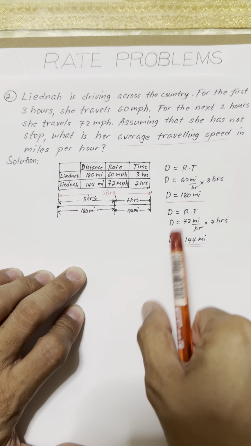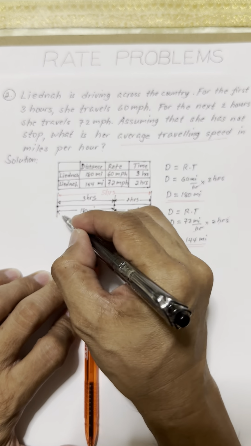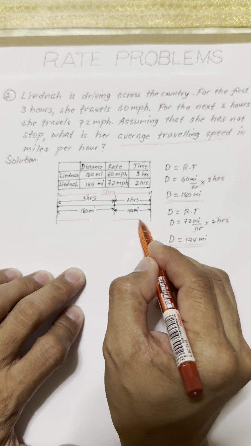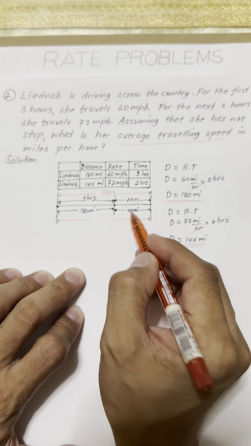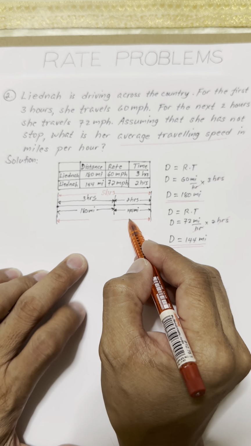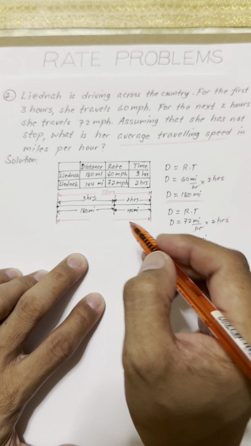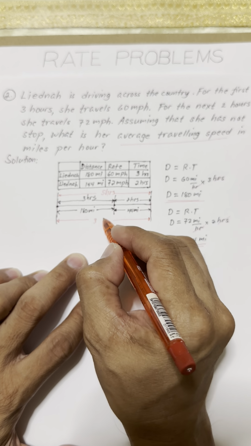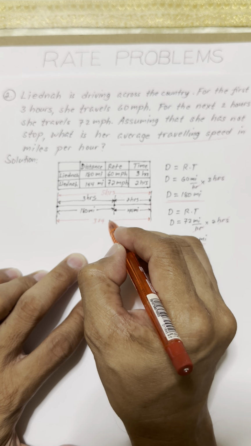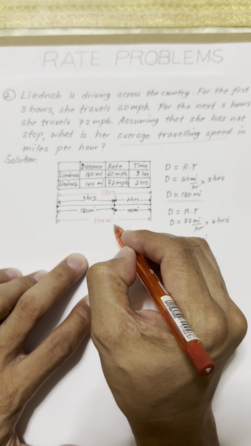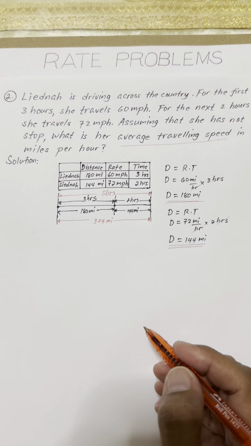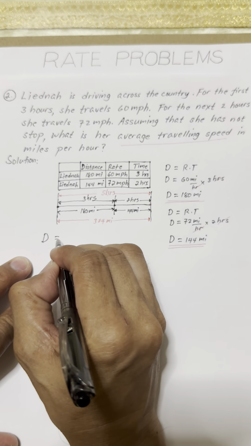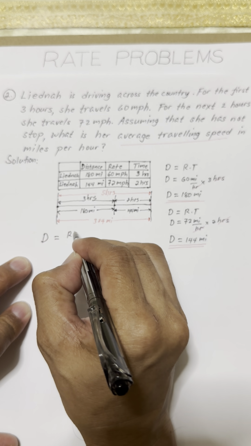You can also add the total distance traveled in 5 hours. The total distance is the sum of these two distances, 180 plus 144, which is 324 miles.